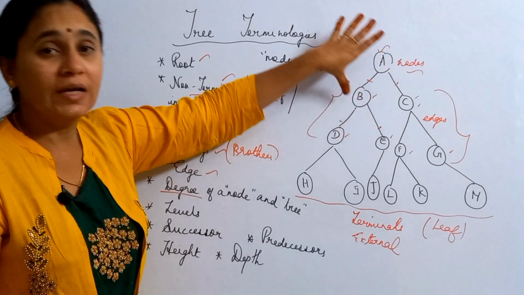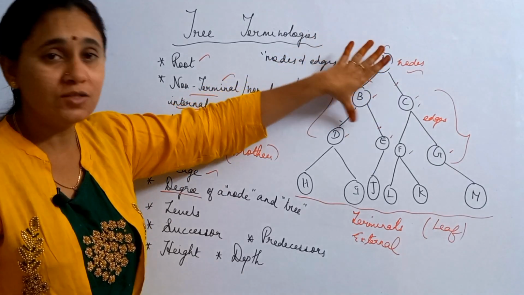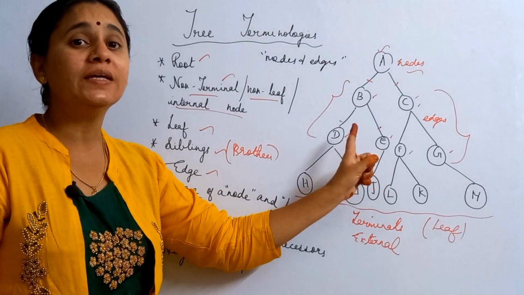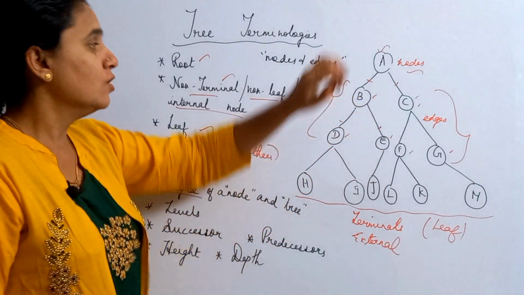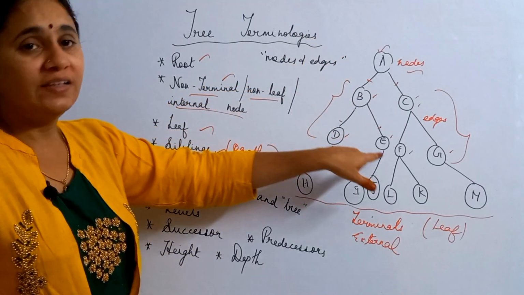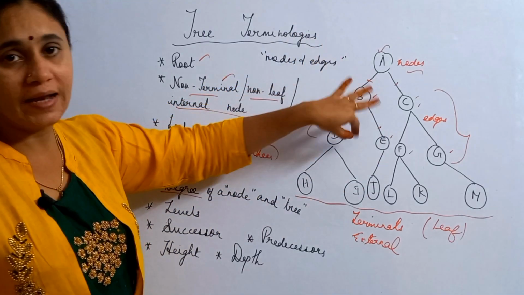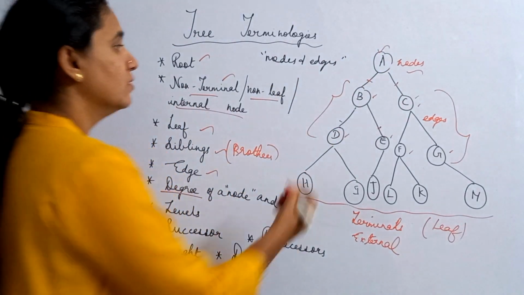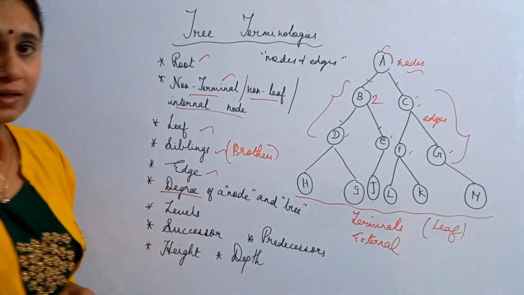Total number of nodes that have edges to B, right? So for B, D and E are having the direct edges, am I right? So the degree of B is 2. Can I tell like this?